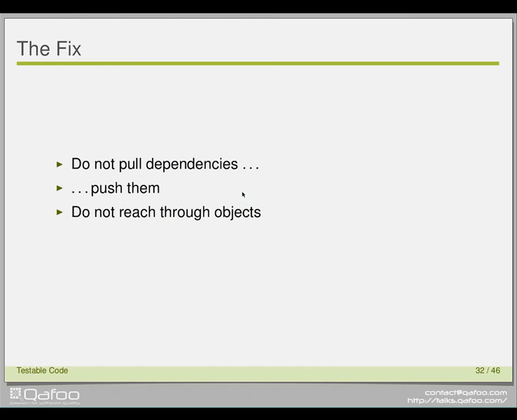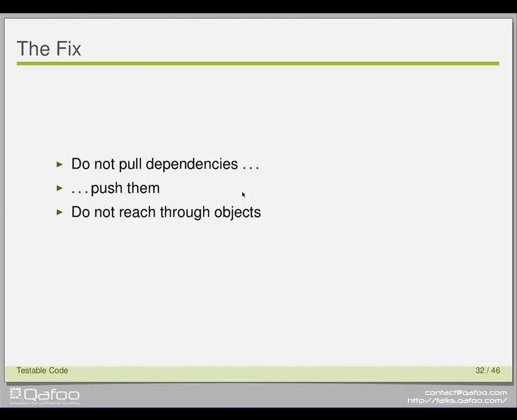So the essence of looking into this issue and seeing how to do it correctly is that you should never actually pull dependencies from somewhere. There are these patterns like registry, singleton, or service locator, which are really in vogue nowadays. Everybody wants to use a service locator.